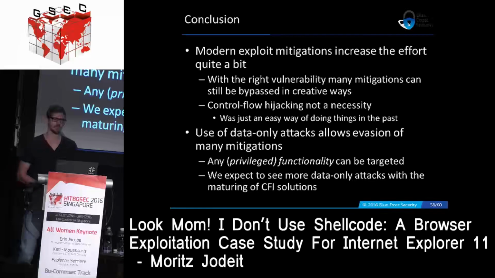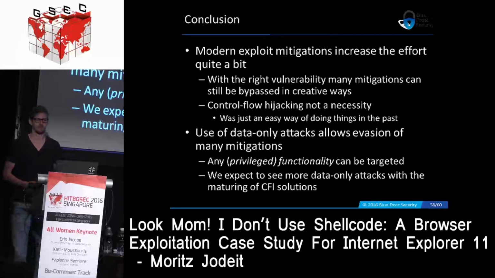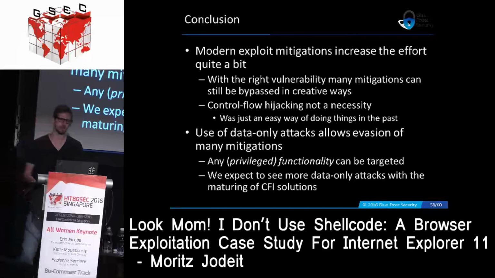Just keep in mind that it's not really necessary to take over the control flow. Sometimes it's also possible to just modify some data, and that way get all what you want. People did it in the past because it's of course much easier to redirect to your own shellcode and implement what you want to do, but it's not necessarily required.